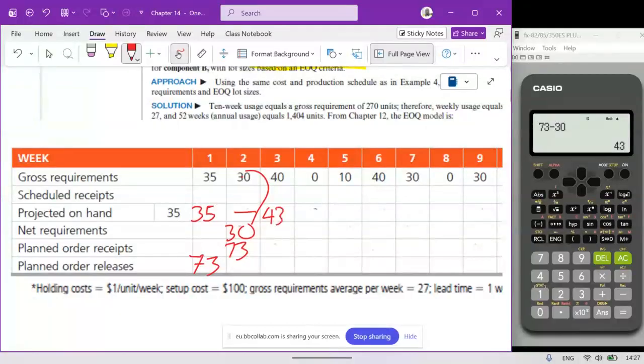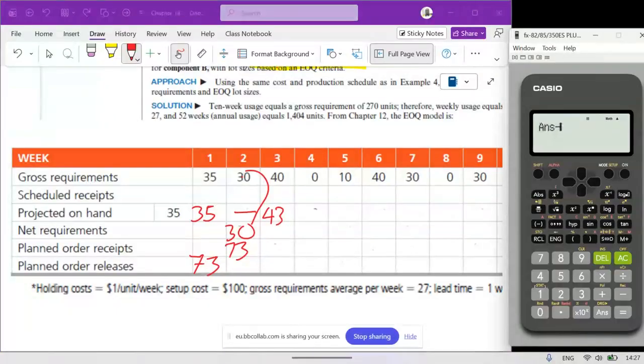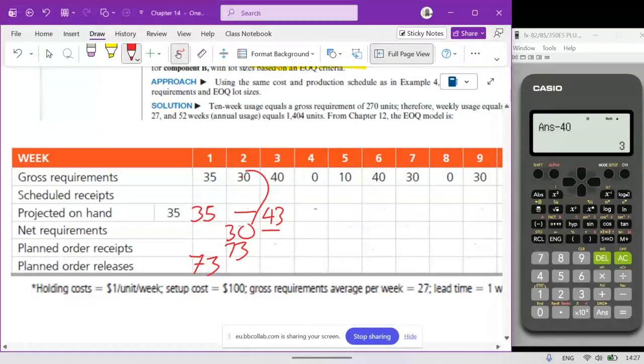Now we have 43. 43 minus 40 equals 3. So we have something outstanding. Remember, you cannot write the 3 here. This is net requirement. No, you can't. You carry it over to this side. The 3 comes this side, because you minus 0, you will have 3. And then you carry it over this side.